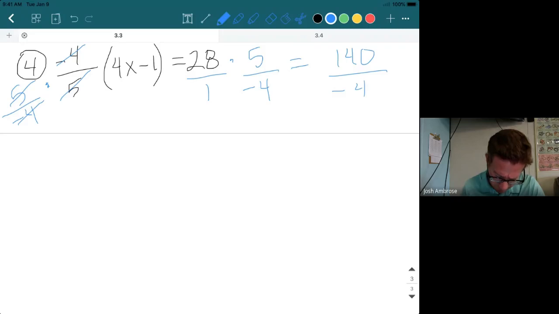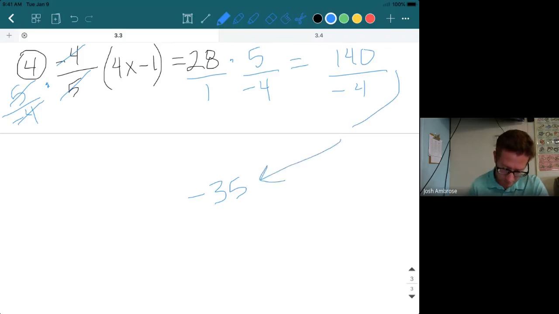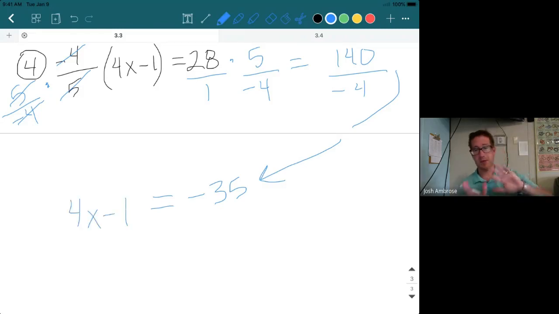But negative, so a negative 35. So that's what this guy will make. Now let's rewrite what we have, okay? Because all we have on the left-hand side is 4x minus 1 because we eliminated the fraction. Now we got to start to isolate, okay?